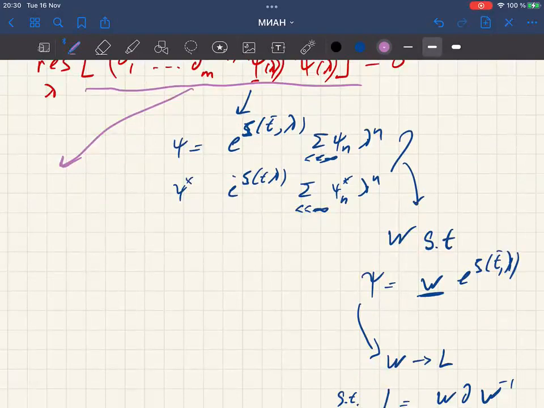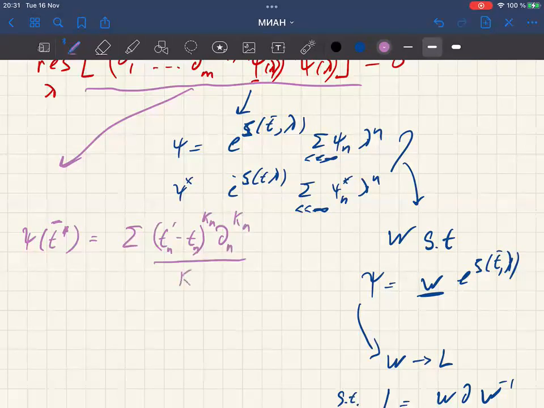We see that, for example, psi at t prime could be viewed in terms of a Taylor series, as the product over all n of (t prime minus t)_n D_n to the k_n over k_n factorial, acting on psi at t.